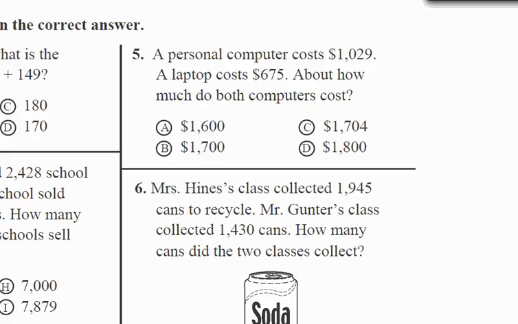On number 5, you got to add again, but there's a key word that tells me what to do first. Anybody know? About. I see the word about. That tells me I need to round first. So it looks like I'm going to round to the nearest hundreds.